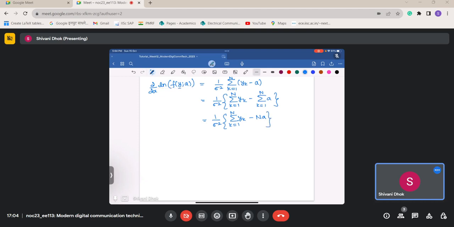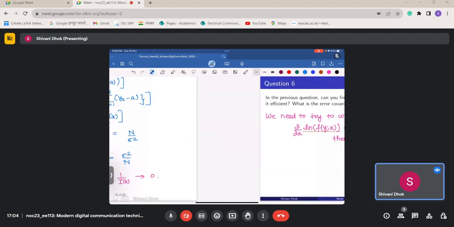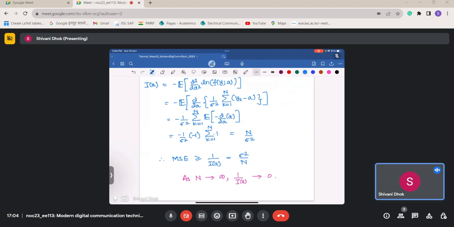Let me take n common, so that comes out to be n by sigma square multiplied by 1 by n summation k running from 1 to capital N yk minus A. Now if you observe carefully, this n by sigma square was this IA that we had obtained.